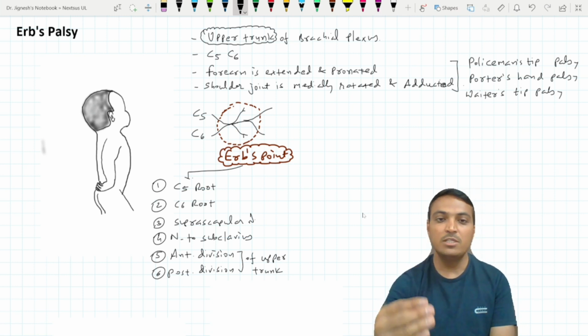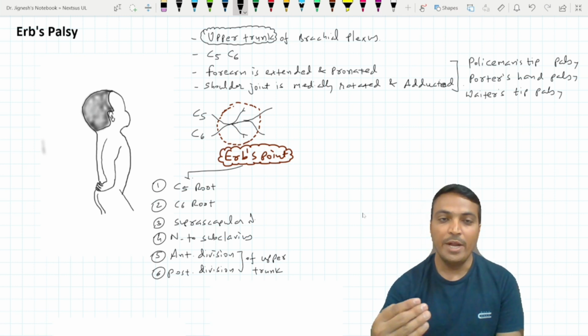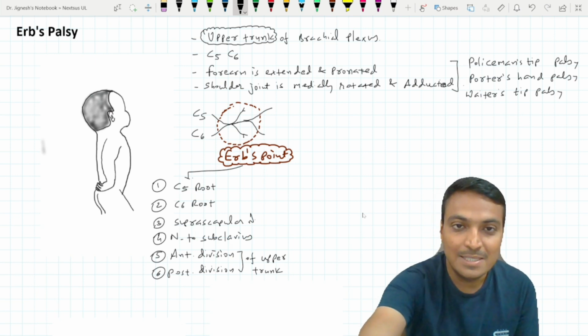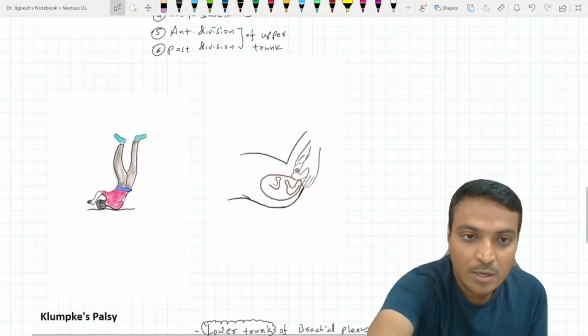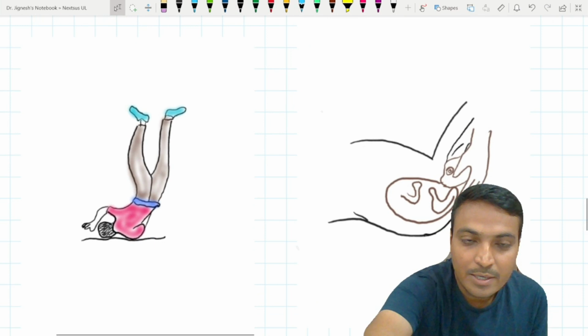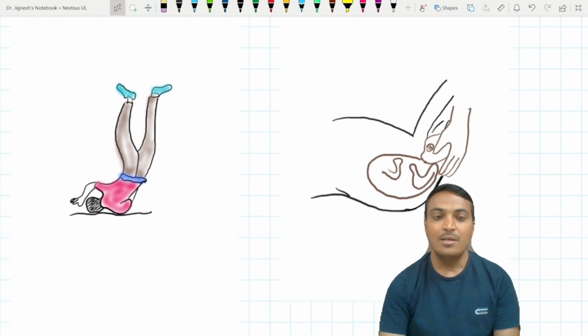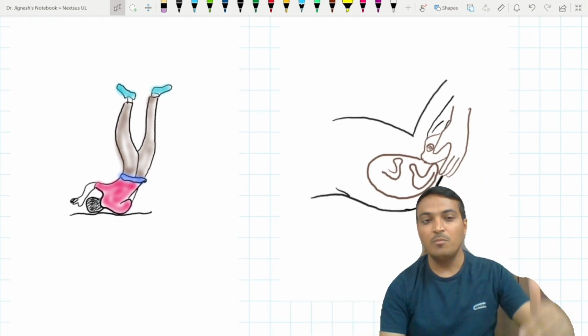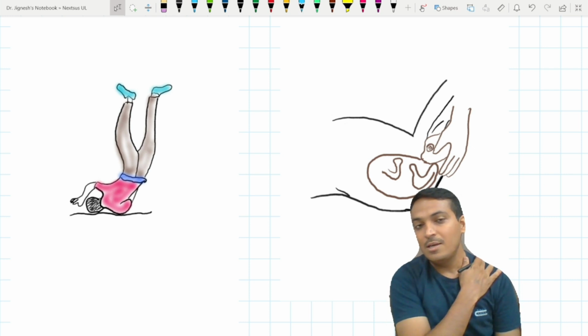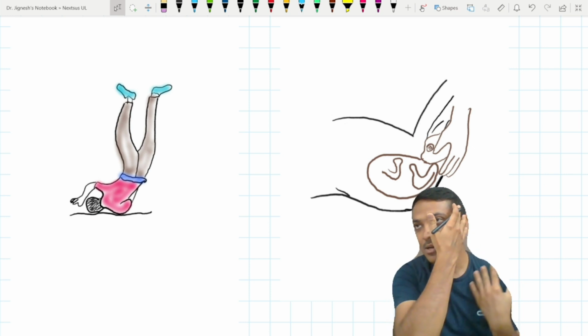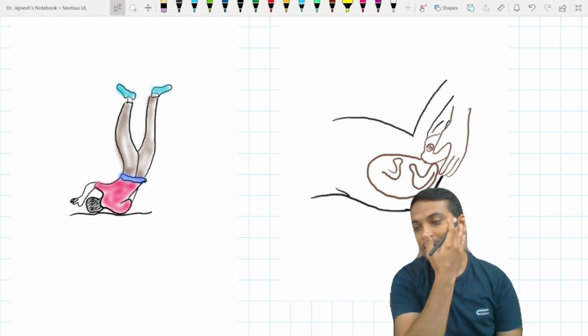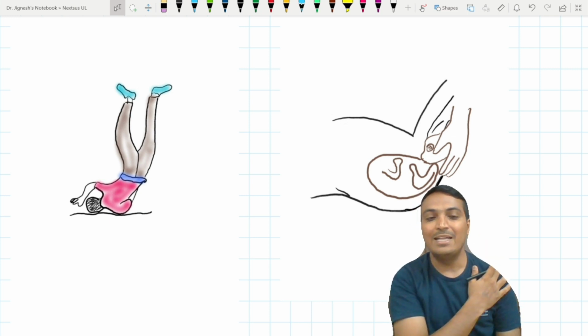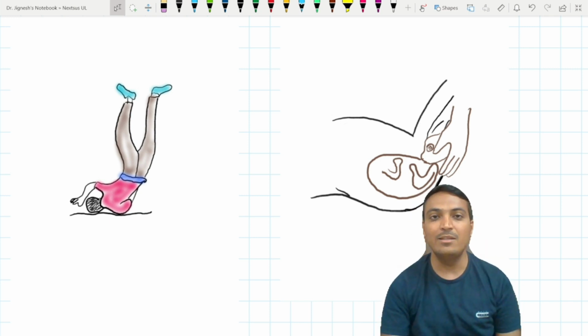Now let's see how this Erb's palsy occurs. The reason behind this Erb's palsy is usually when the patient falls from a height on his shoulder, that will lead to the hyperseparation of the head and the shoulder, and that is one of the reasons behind the Erb's palsy.